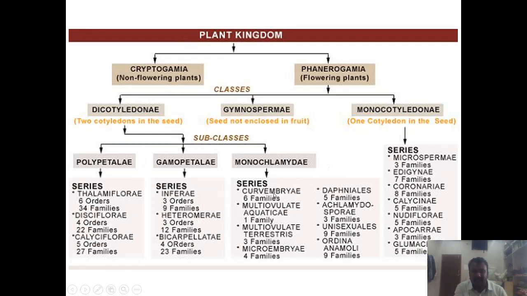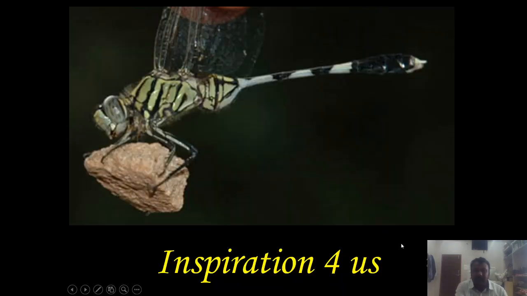There are 8 series present: Curvembryeae and then Unisexuales. There are 7 series present in the monocotyledons: Microspermae to Glumaceae. This is the information for us.